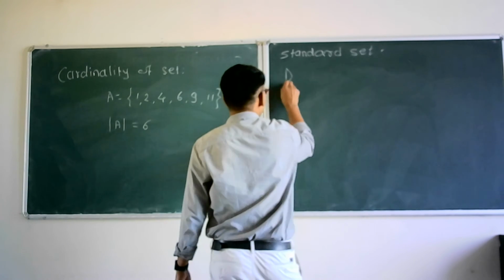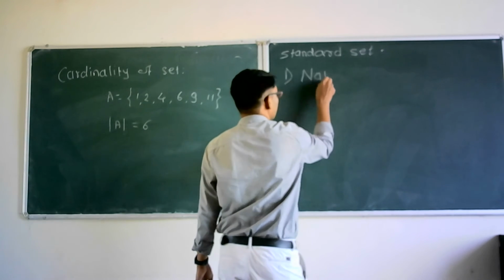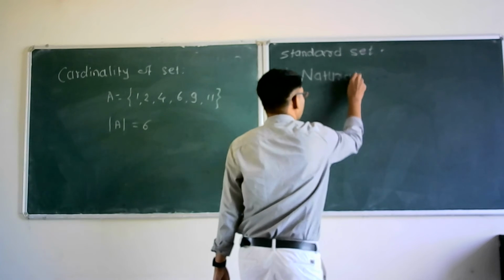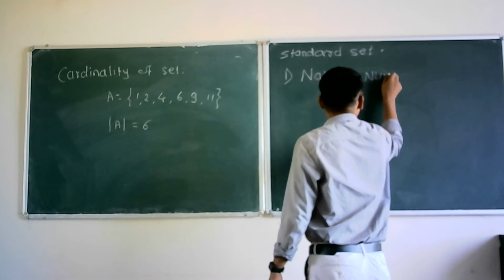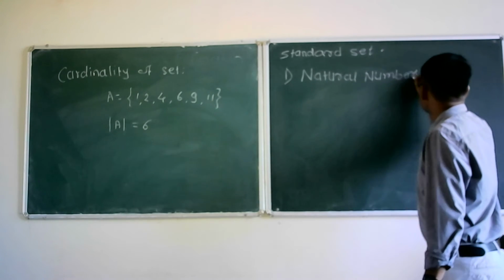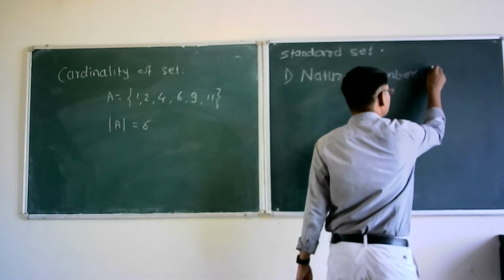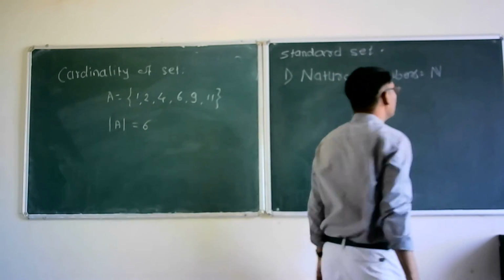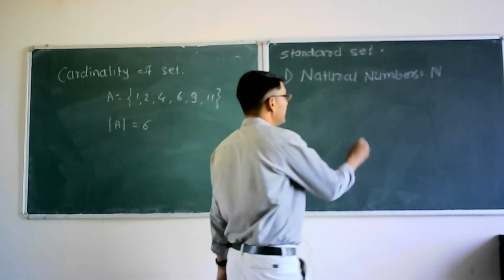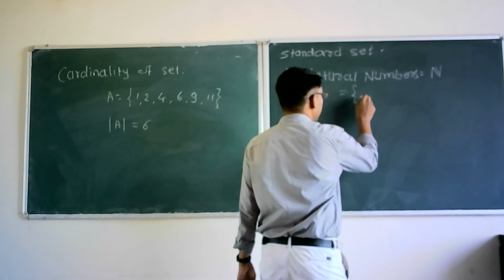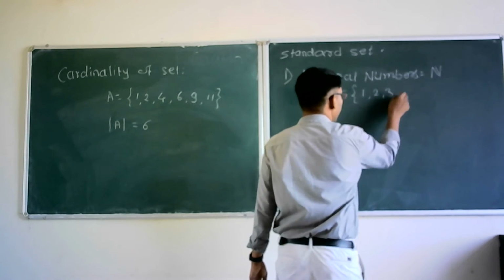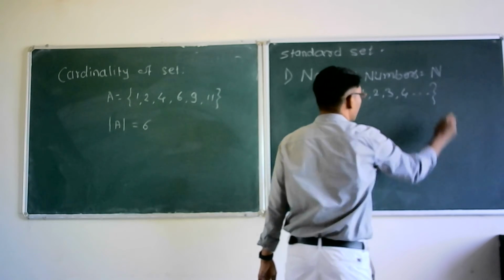The first set is what? The set of natural numbers. It is denoted by this symbol, and it contains the elements 1, 2, 3, 4 and 5.